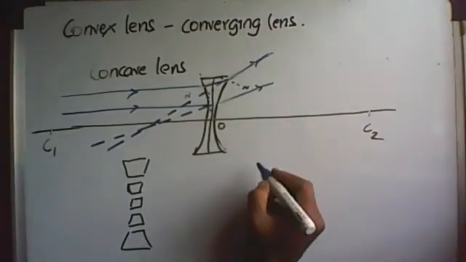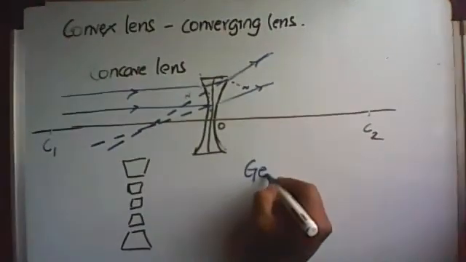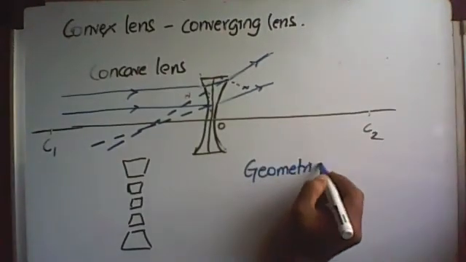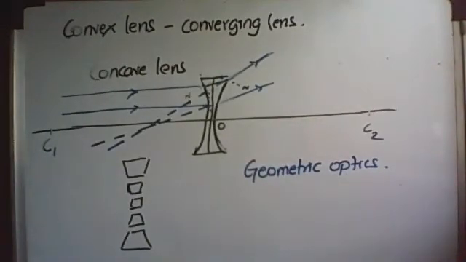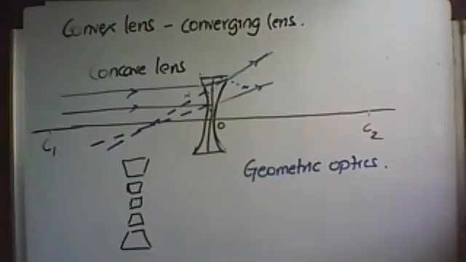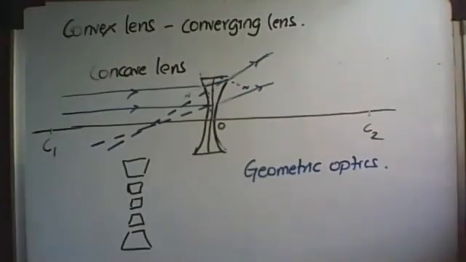In fact, I just wanted to introduce that term also. What we are doing now is known as geometric optics. So basically, we are using geometry properties, angle measurements, parallel properties, etc., etc. And pretty soon we will also be using triangle properties.